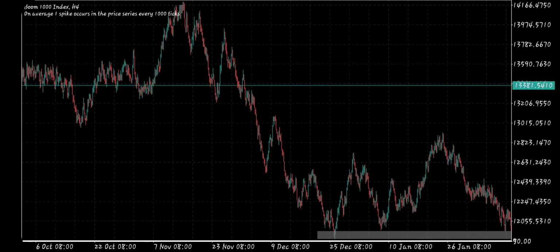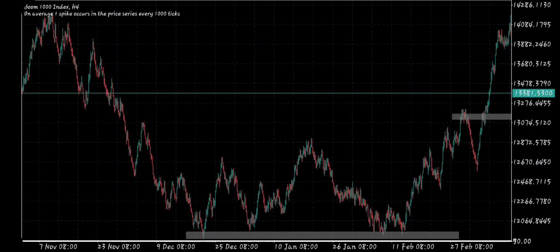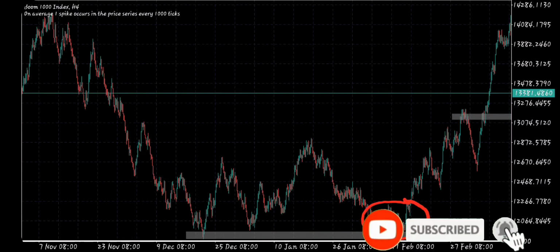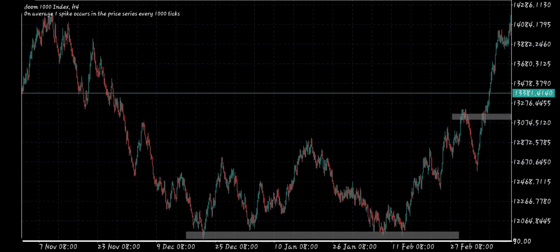We can see another very good example right here. We can see that after price moved up, it came down to retest that same support level.